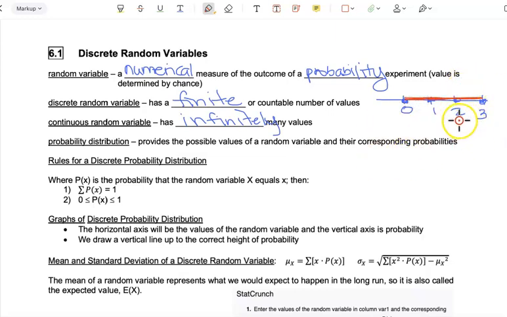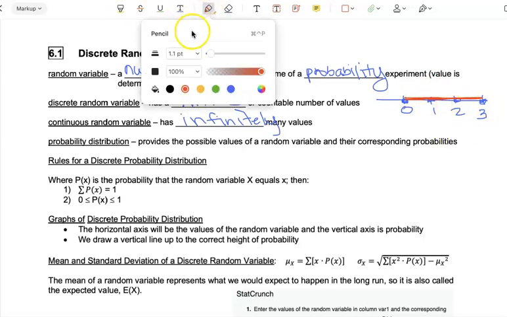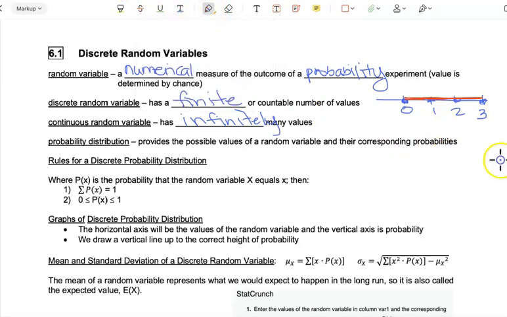It could be between 0 and 150, 0 and infinity, actually. But when we graph a continuous random variable, it's going to be uninterrupted. So all of the values between there, whether they're radicals, fractions, decimals, or whole numbers, it's going to have all of those values in there, an infinite number.